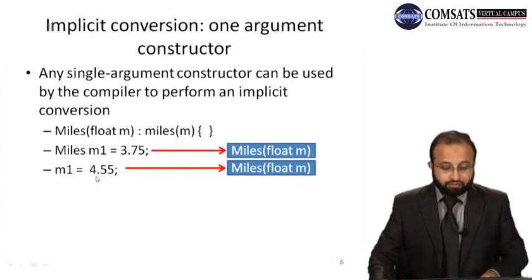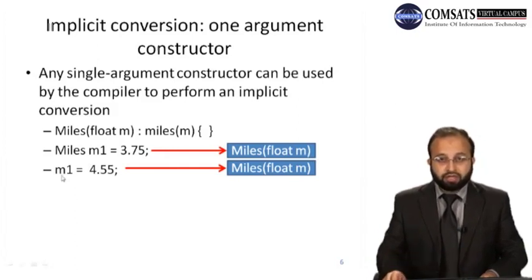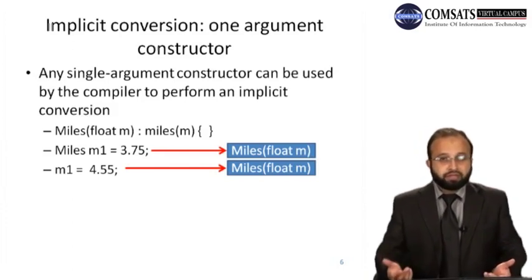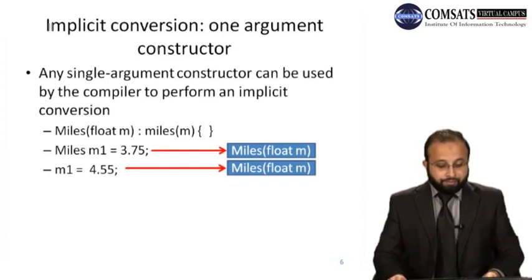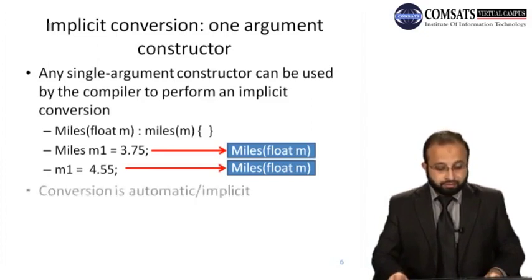So if you write this statement and you have a constructor like this in your class that takes a single argument, then that constructor will be invoked and it will convert that floating point value into the object of that class, and then that object will be assigned to m1. ठीक है, m1 भी उसी क्लास का ऑब्जेक्ट है. सो दोनों इक्वल साइन के दोनों तरफ अगर सेम क्लास के ऑब्जेक्ट हों तो वो कंपाइलर उसको खुद से असाइनमेंट परफॉर्म कर सकता है. सो दोनों ऑब्जेक्ट माइल्स क्लास के आ जाएंगे और that assignment will be performed by the compiler itself. So this conversion is automatic, that is implicit.